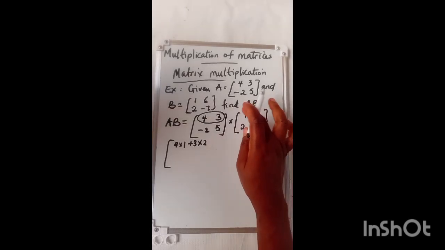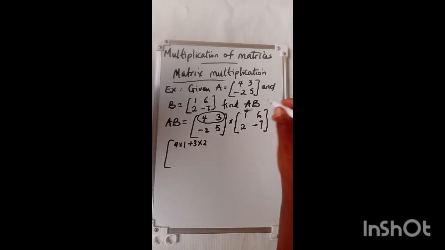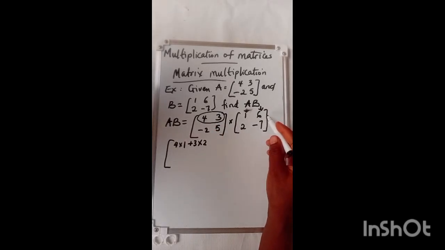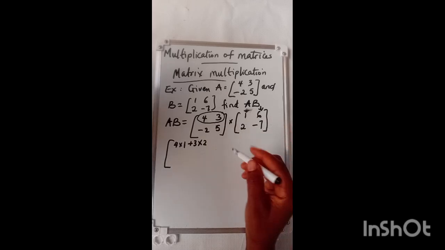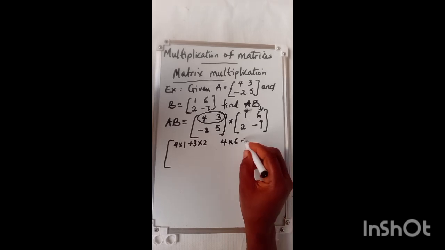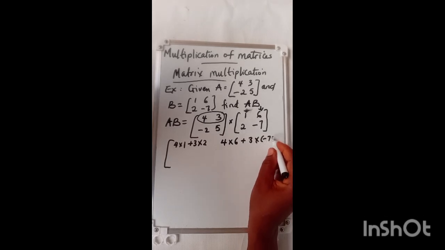Then we move on to the second column in matrix B. That first row will be used to multiply elements of the second column in matrix B. So we have 4 times 6 plus 3 times minus 7.